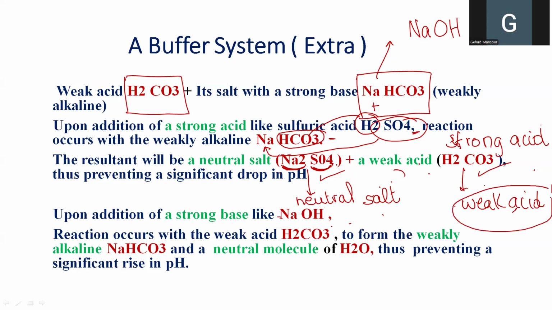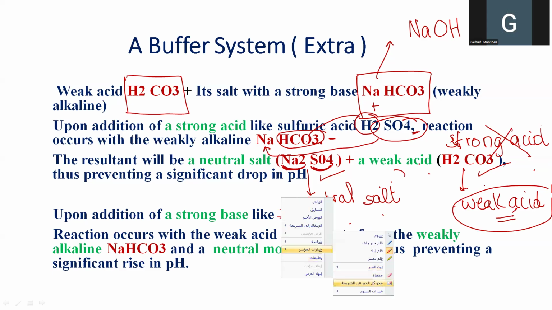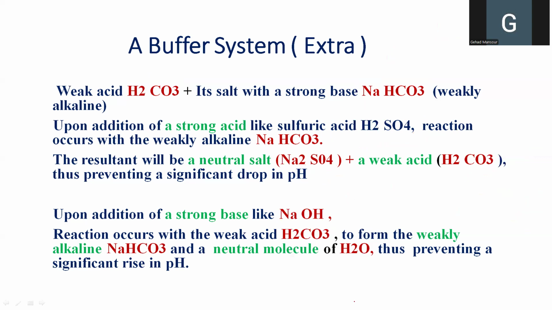This is because I removed the strong acid and replaced it by a weak acid. This is one example that shows you why we have to use sodium bicarbonate, which comes from a strong base and a weak acid.